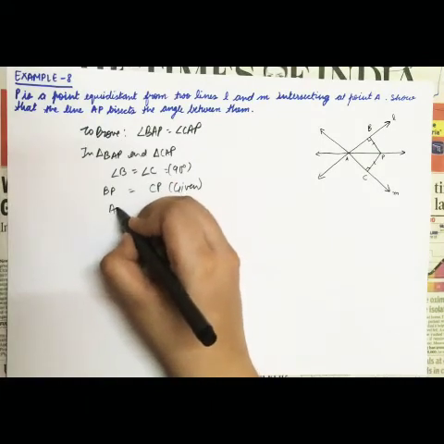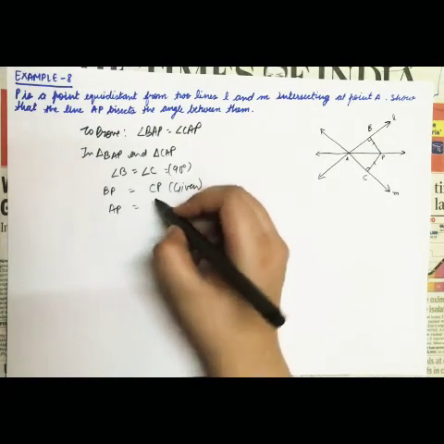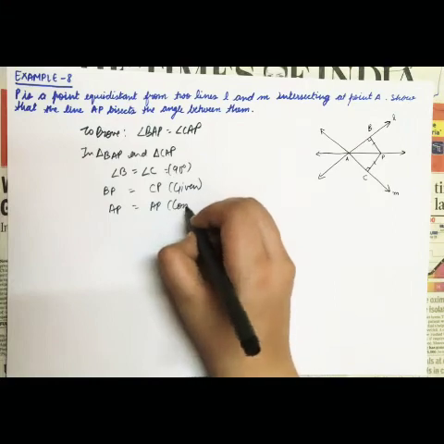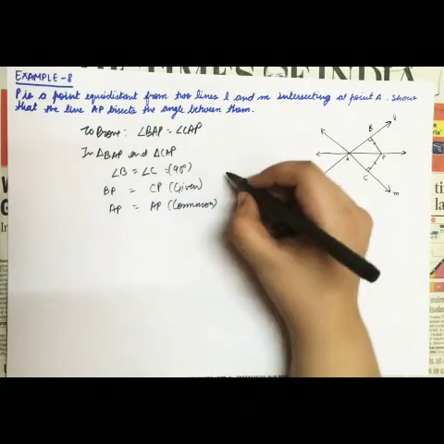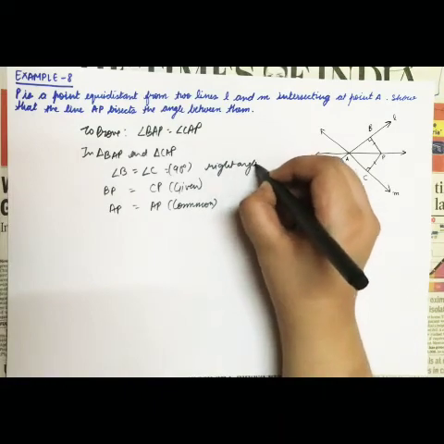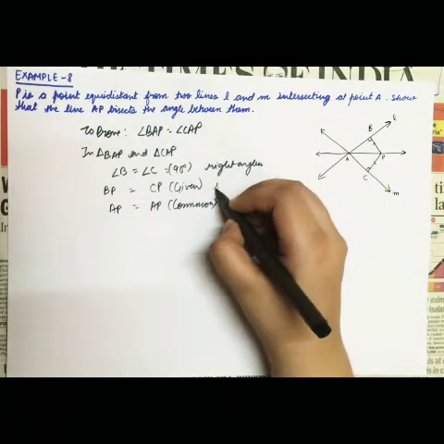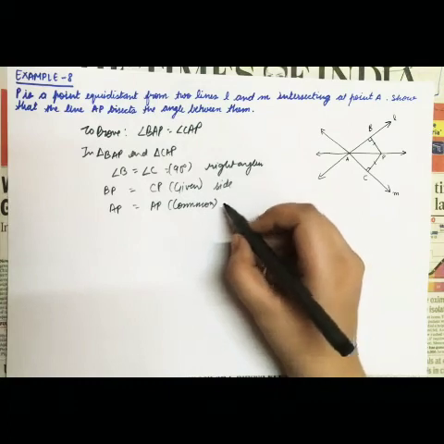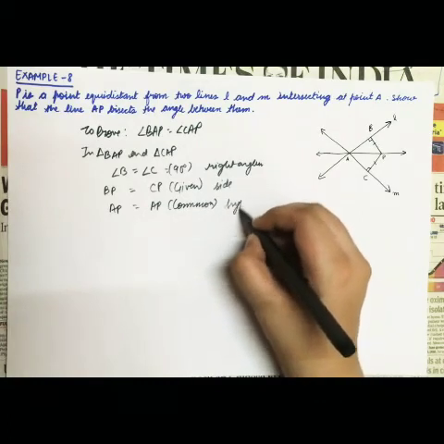AP is equal to AP as they are common. So in this we can say that B and C are right angles, BP and CP are one side, and AP is the hypotenuse.